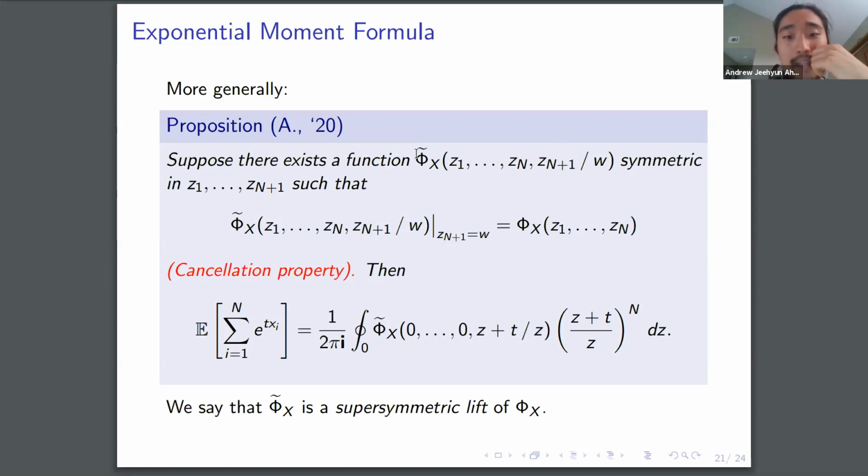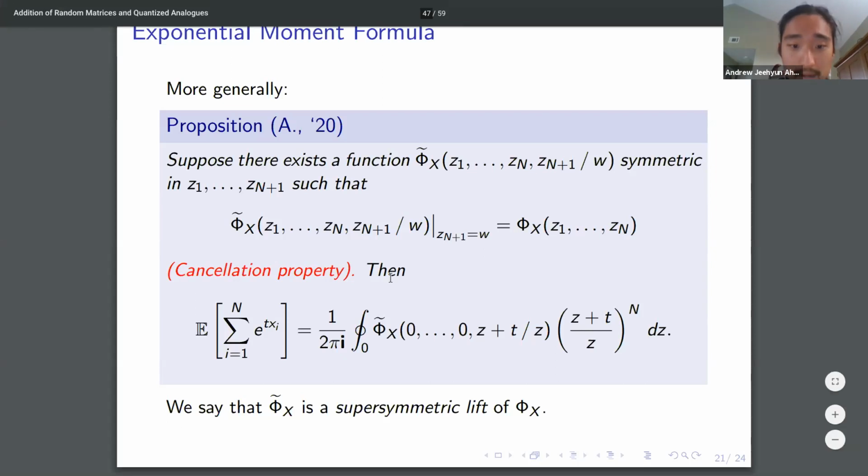So if you can find such a function that has the following property, that if you take Zn plus 1 equal to W, then these two variables sort of cancel and you end up with phi x Z1 through Zn, then the exponential moments of the x's are given by the following contour integral formula in terms of these phi tildes.